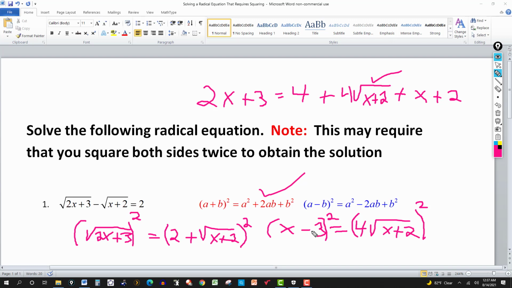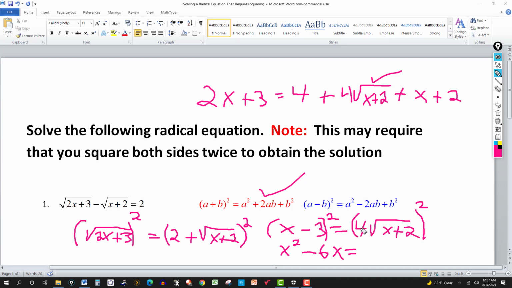Okay, x minus 3 squared. Okay, just follow this formula right here, a minus b squared. So it's going to be the square of the first term, which is x squared. And then it's minus twice the product, so 3x times 2, that would be 6x. Okay, now on the right side, when I square this product here, I'm squaring both terms.